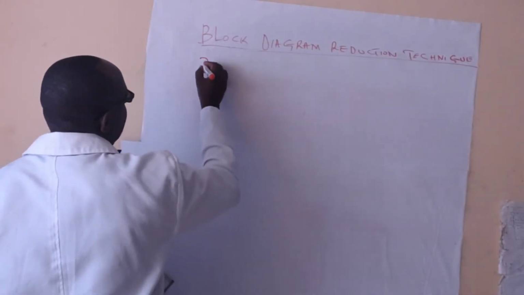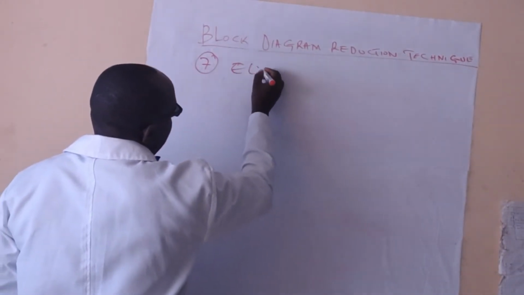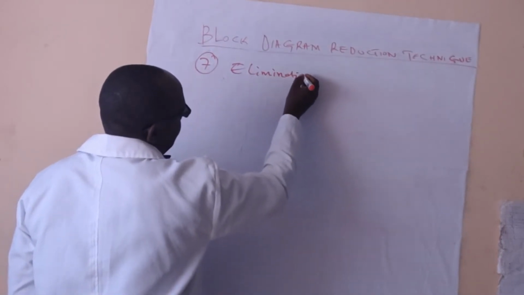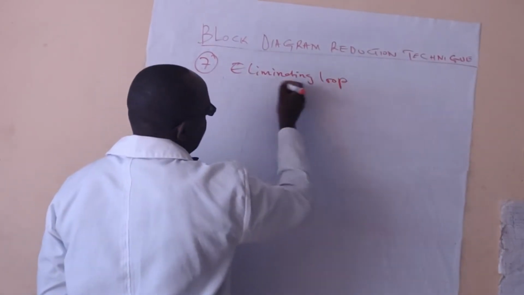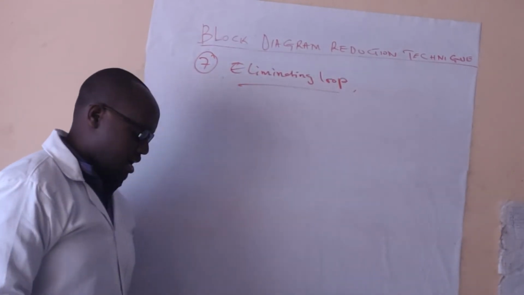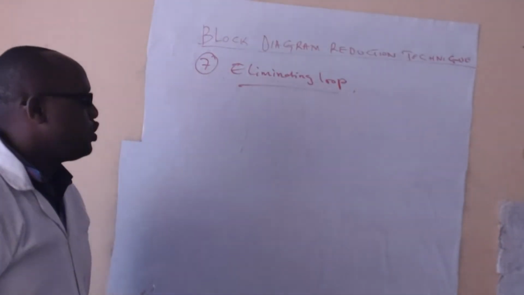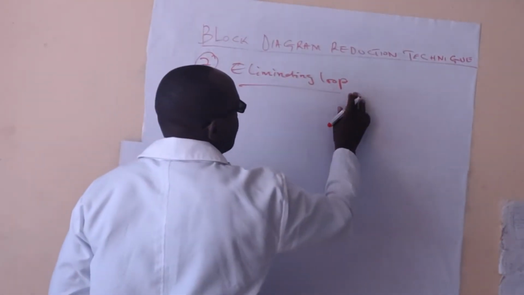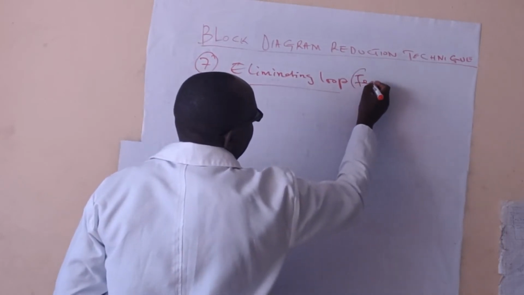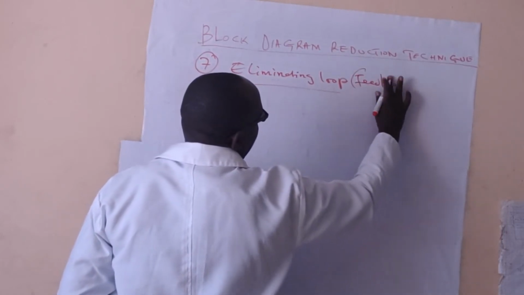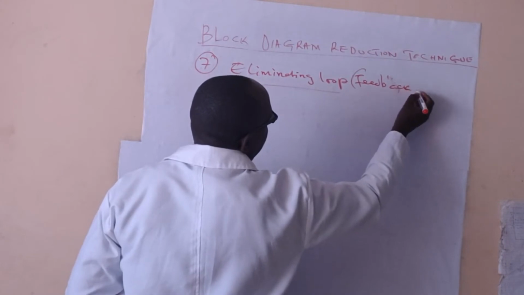Rule number 7 is eliminating a loop, which in most cases we call the feedback loop.